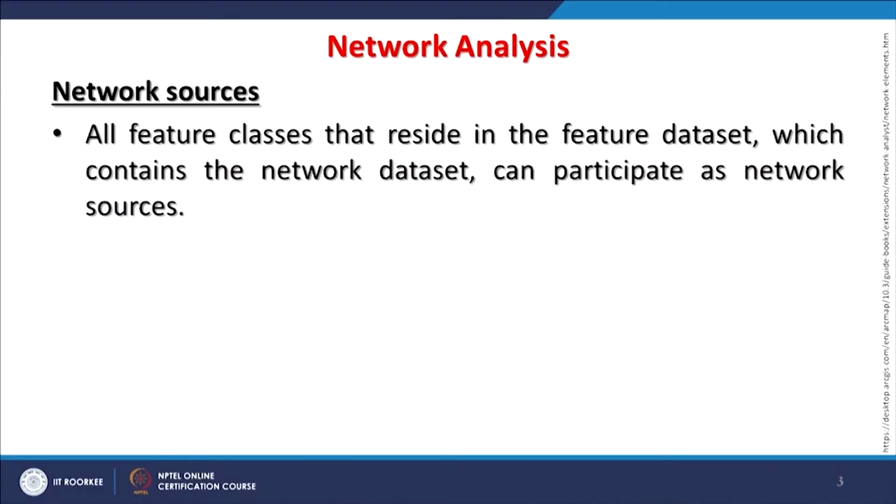Now, in network analysis, as you know, resources or sources are all the feature classes we have discussed so far. They reside in the feature database, our GIS database, especially the vector one, along with attributes, which contains the network data set and can participate as network resources.